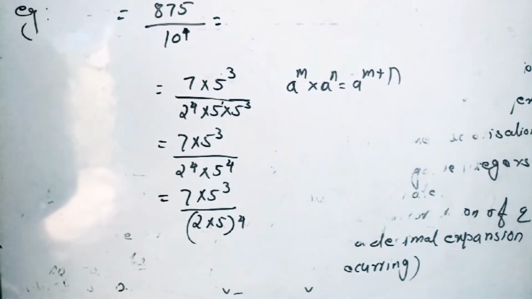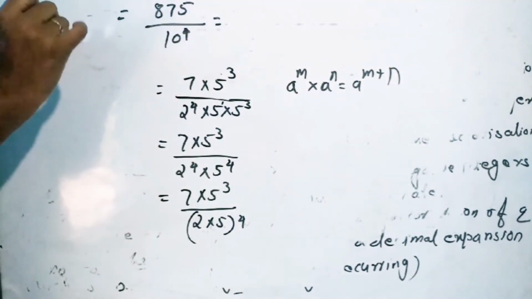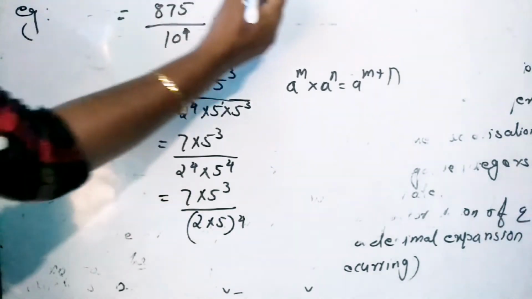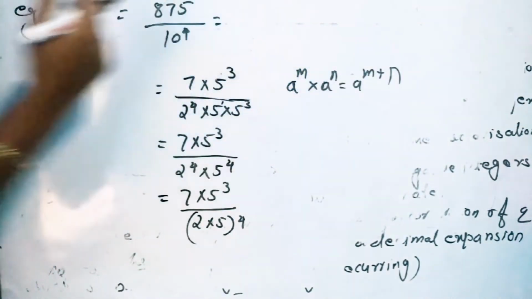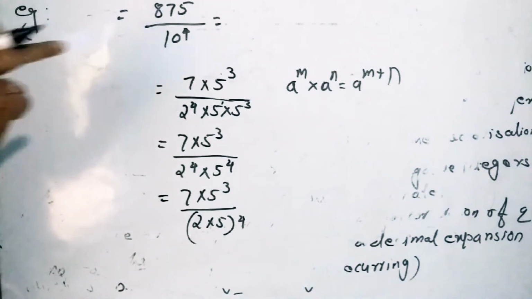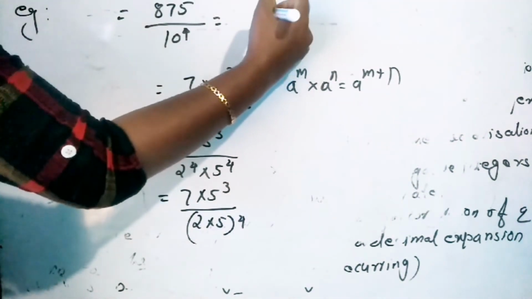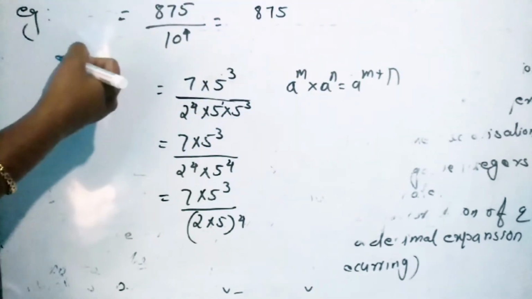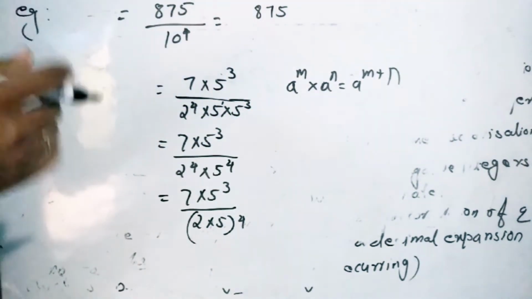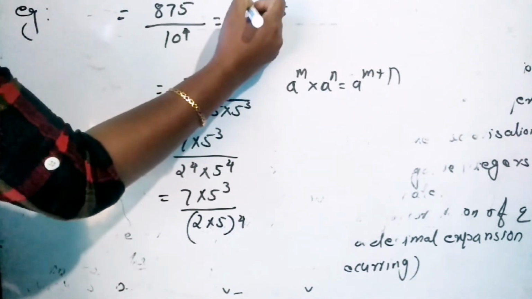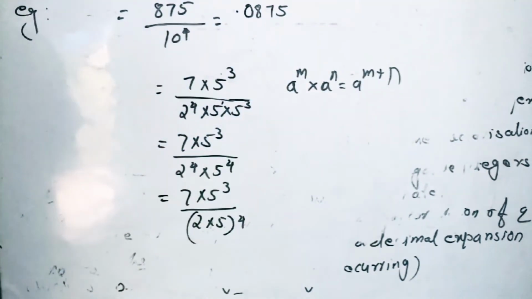And this is equal to, we need to put the decimal point from the right after 4 places. We have only 3 places, so we need to put the decimal point after 4 places. So we will put 0 and a point. So the decimal expansion corresponding to this number is 0.0875.